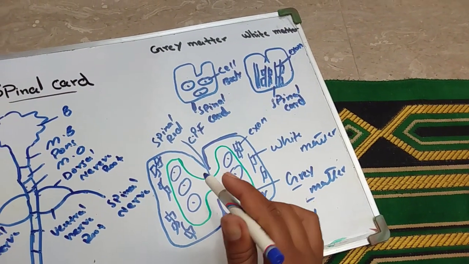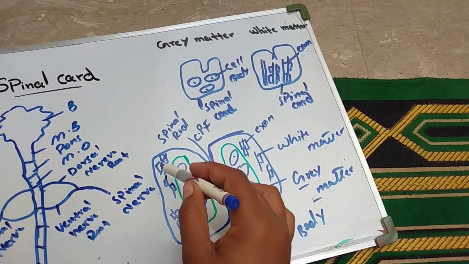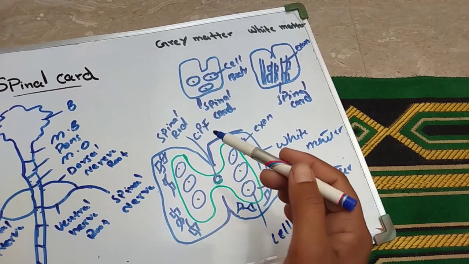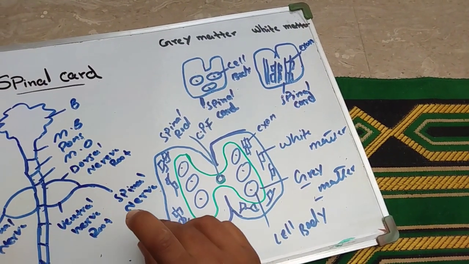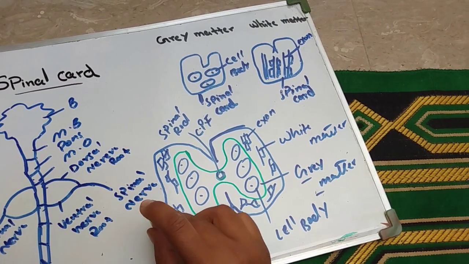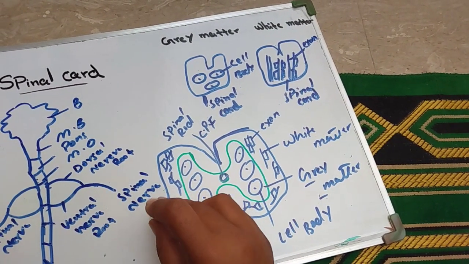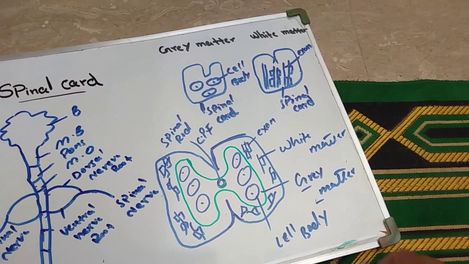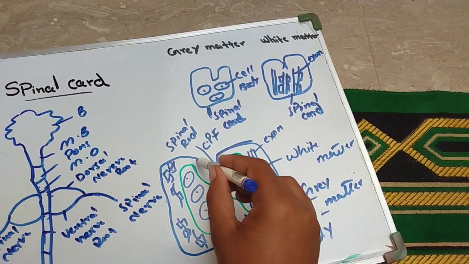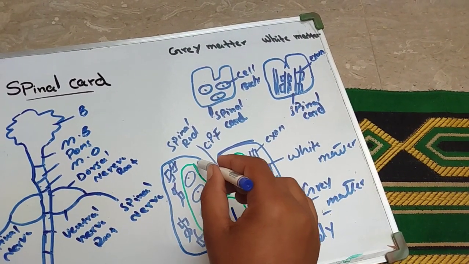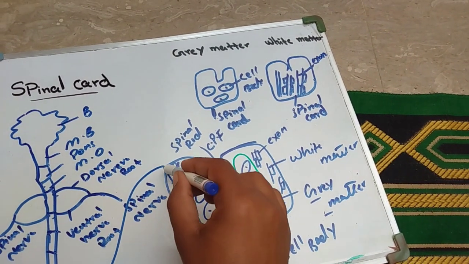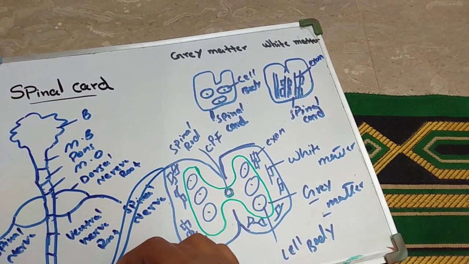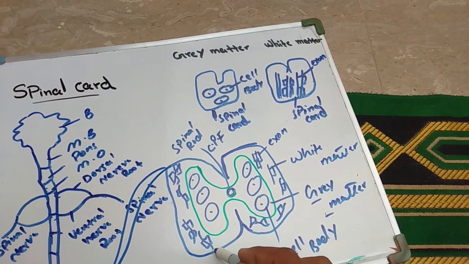I have discussed earlier the two sides of the spinal cord. Suppose this is the ventral side and this is the dorsal side, green in color. One nerve originates from the dorsal side of the spinal cord, and the other nerve originates from the ventral side.